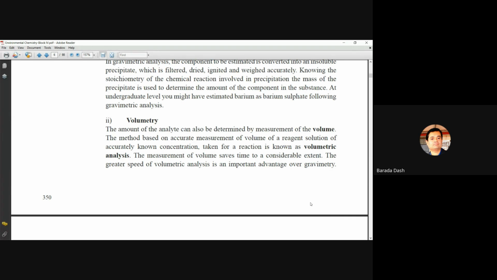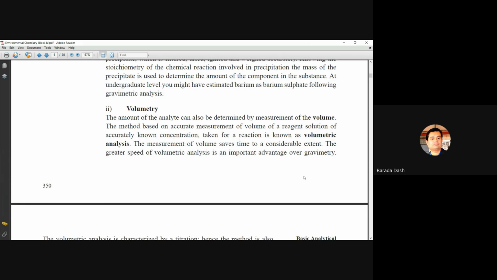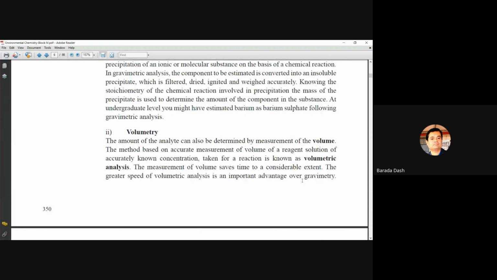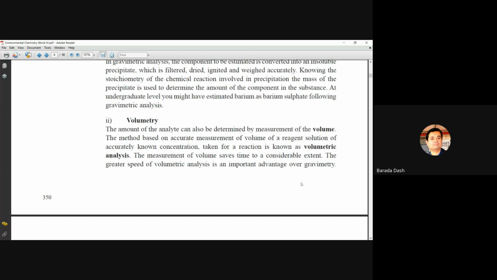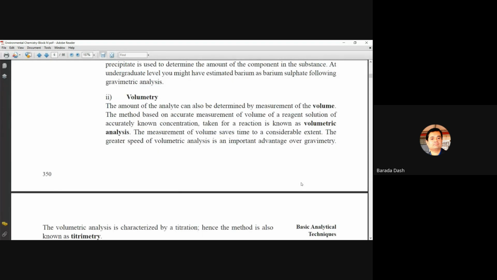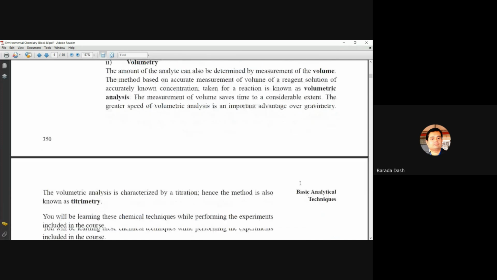The measurement of volume saves time to a considerable extent. The greater speed of volumetric analysis is an important advantage over gravimetry. Volumetry is more advantageous than gravimetry because gravimetry takes time because of precipitation and all those things. Volumetry is a better method, faster and less time consuming.